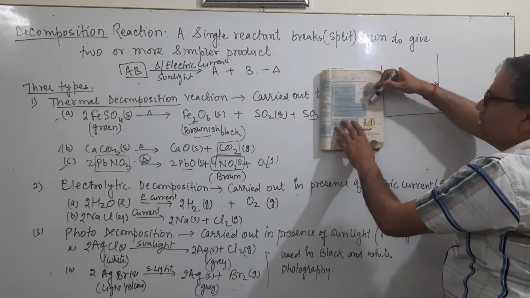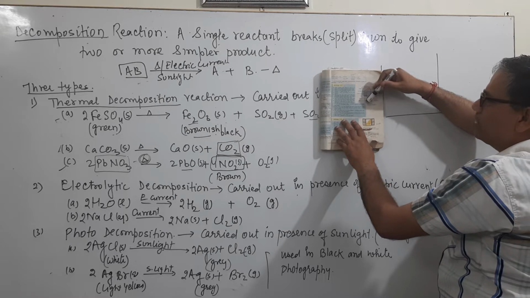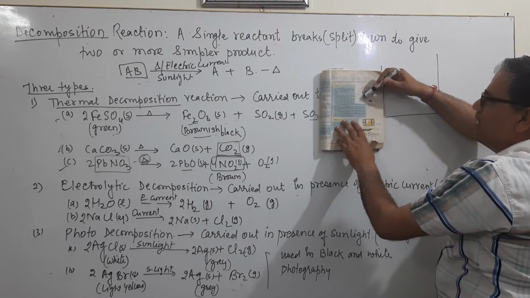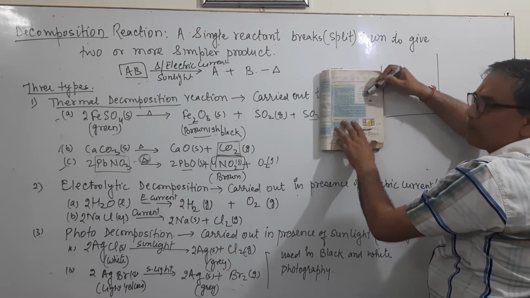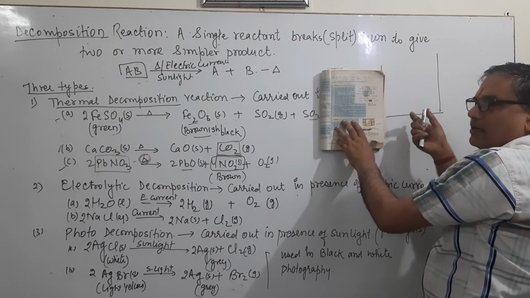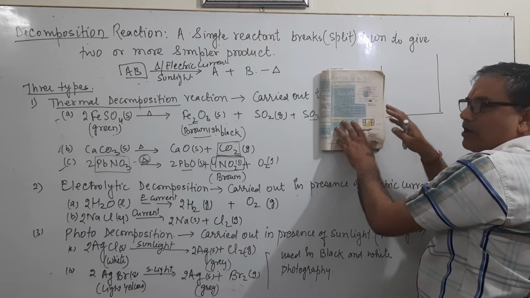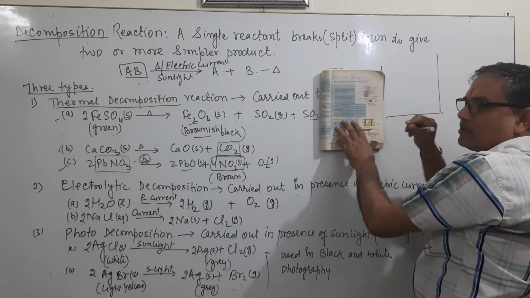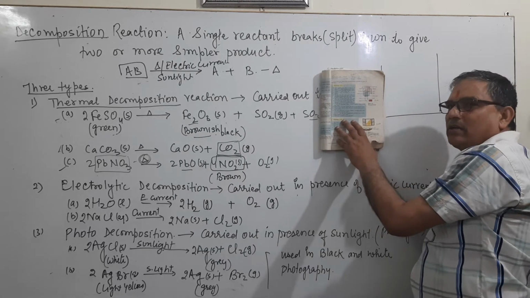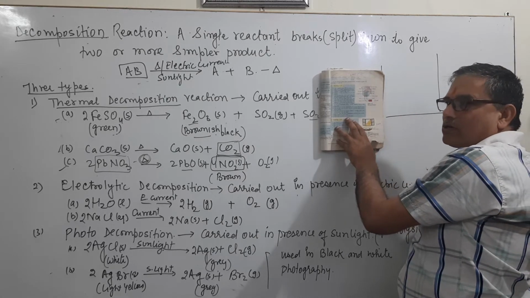When electric current passes from the battery with the help of wire, the water inside the mug will decompose, meaning it will break, and after breaking, gas will form. One gas is hydrogen and the other gas is oxygen.